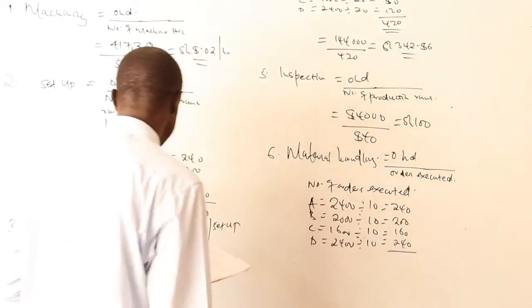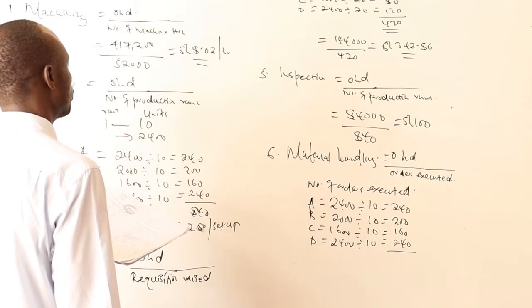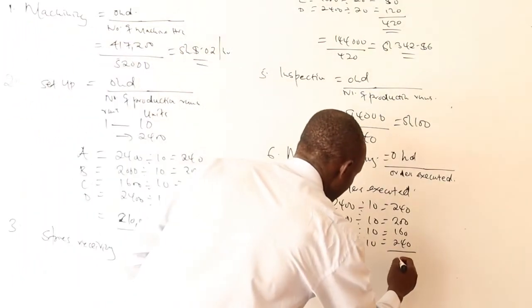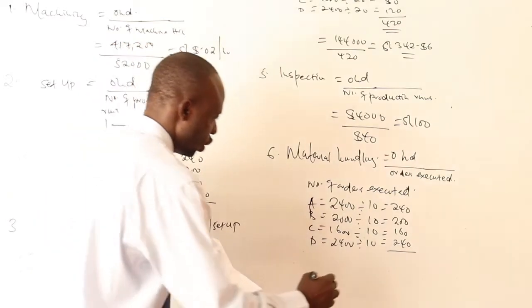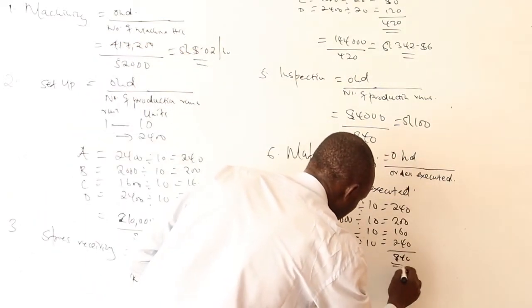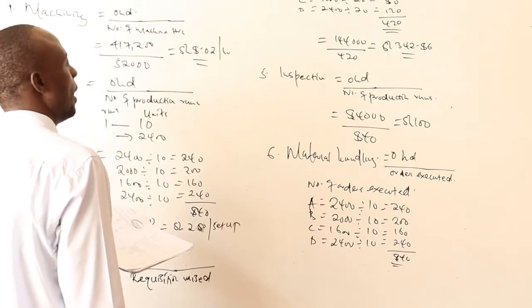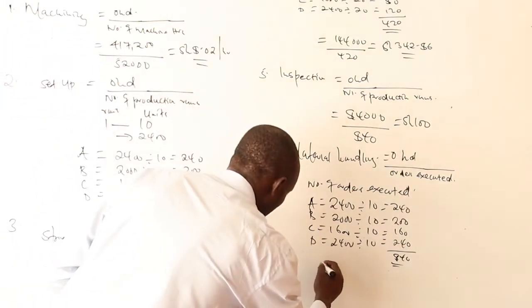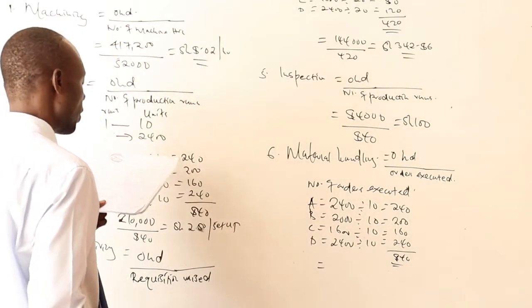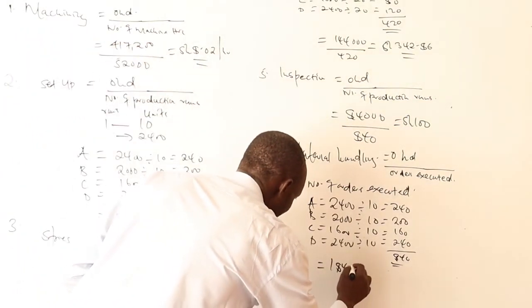The total is 840. And then here, the overheads allocated for material handling is 184,800.